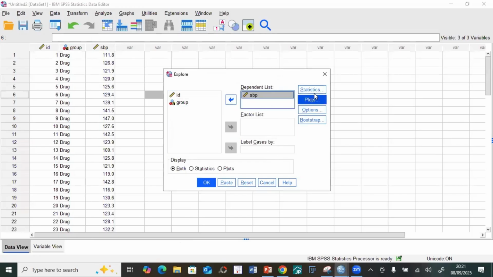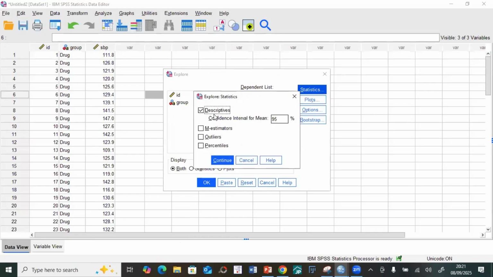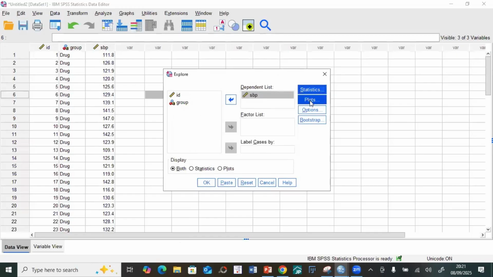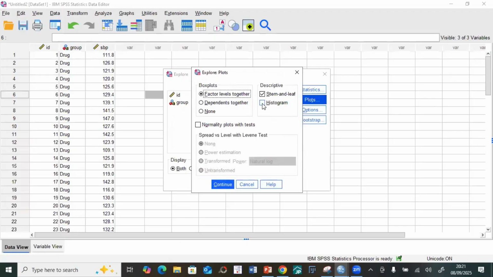So what do we need? We need the descriptives. Then under plots, remember to tick histogram. You don't really need the stem and leaf. Histogram will enable you to get a visual inspection, a graphical method of looking at whether the data is normally distributed or not.